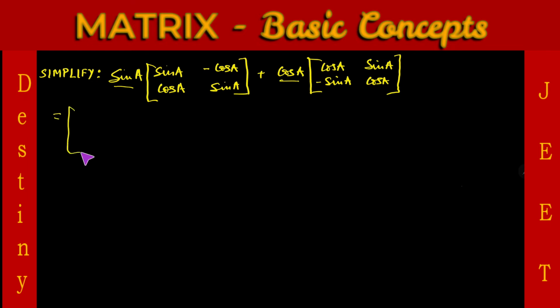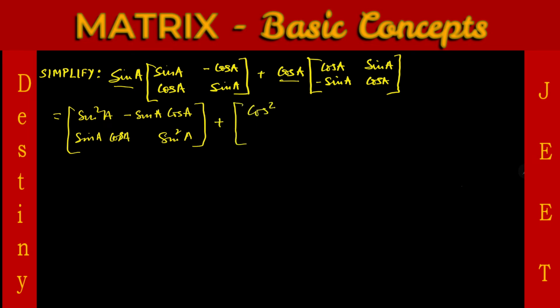Here first we get sine square A, minus sine A cos A. Here you get sine A cos A, and you get here sine square A. And here you get cos square A, sine A cos A, minus sine A cos A, and cos square A.